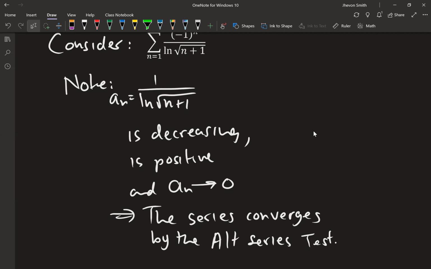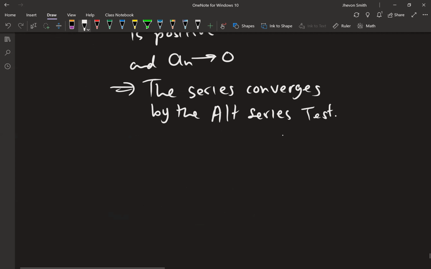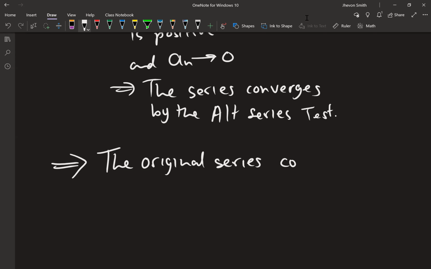And so what can we conclude here? To end the whole problem, what would you say? Right, the original series converges conditionally.